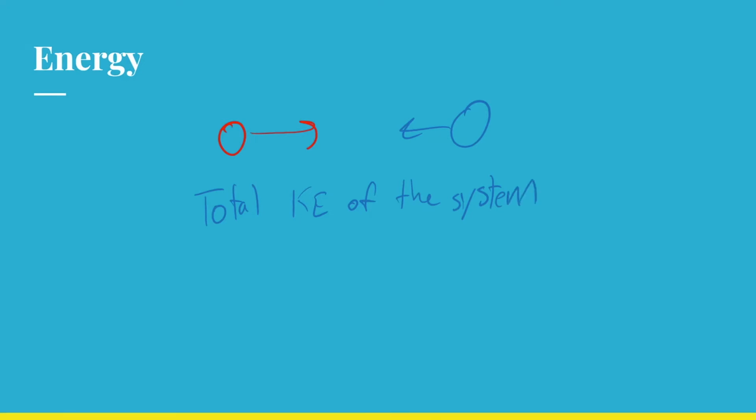And the way that you would do that is just by doing kinetic energy 1 plus kinetic energy 2. And then you can look at that from the initial and the final. If it is a 100% elastic collision, then the sum of these two right here will be equal to the final and the initial. And these are for the totals.